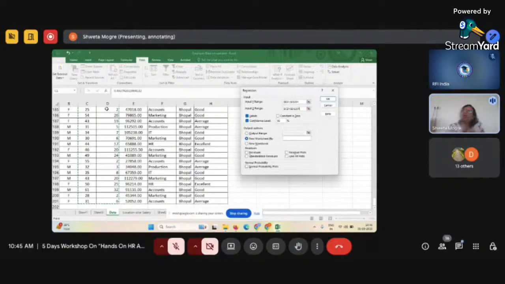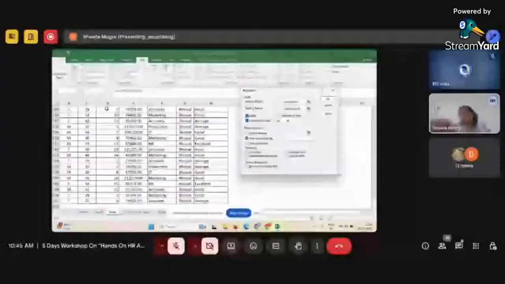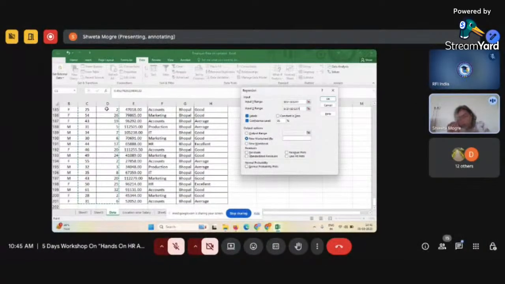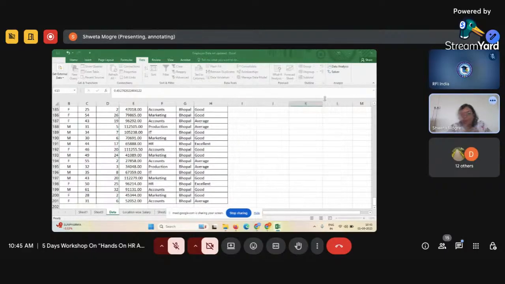It means we are dealing with multiple regression. If I also collect the information of total trainings attended last year, that column I will also provide in the X range. The only requirement in Excel is all the independent variables should be adjacent to each other. That is the only thing. And now I'm clicking OK.